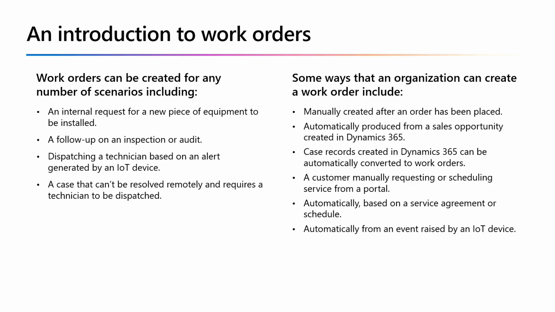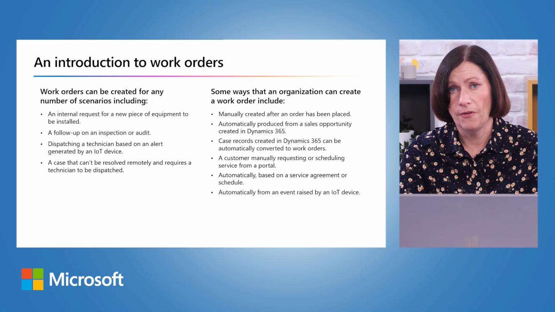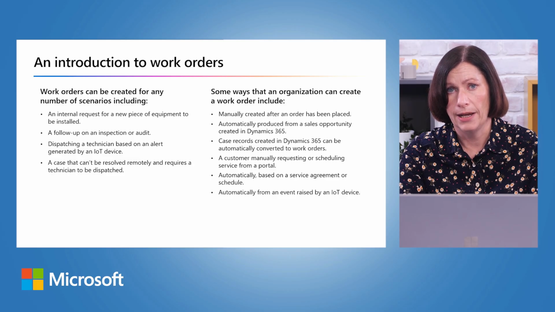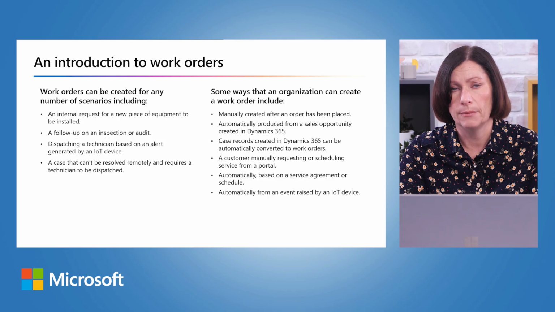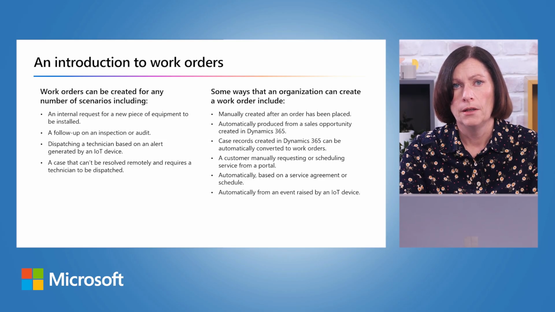Some ways that an organisation can create a work order include, as part of a defined service selling process, a work order could be manually created after an order has been placed or automatically created from a sales opportunity in Dynamics 365. It could be an escalation for a case that could not be resolved remotely.